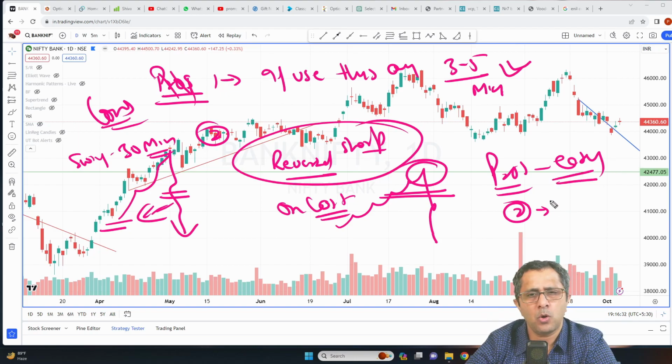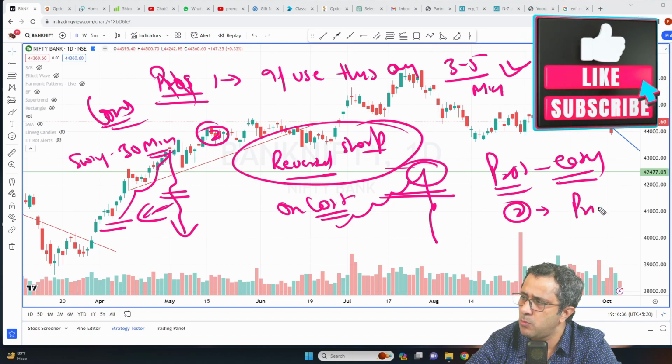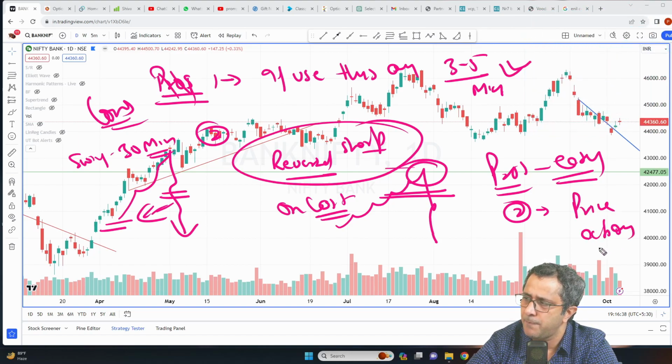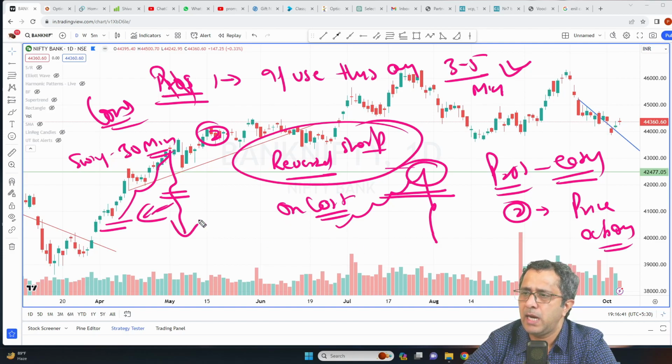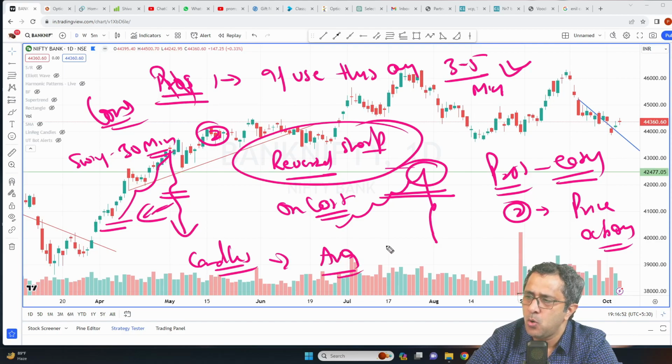Second one is, it's almost based on price action, but yes, we will be using the indicators for the same. And there's one more con here, as we are using a candle that considers the average. Average means open plus high plus low plus close divided by 4. That will be the average.